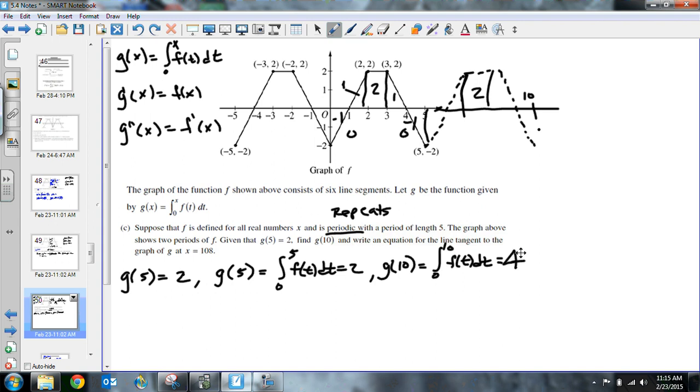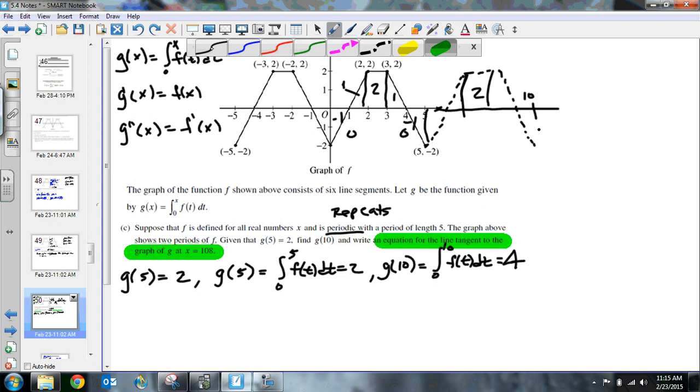Okay? Now, the last part says, write the equation of a tangent line to the graph of g at x equals 108. So if I have that, then I need a point and I need a slope.